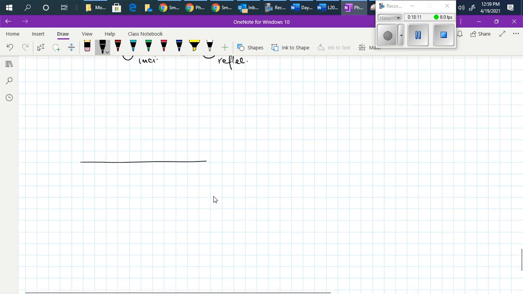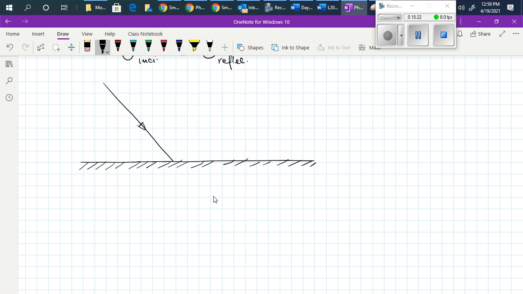Let's suppose that we have a surface, a flat surface that looks like this. And we have an incident ray that is creating with the perpendicular to the surface, so normal to the surface, an angle, and this is the incident angle.